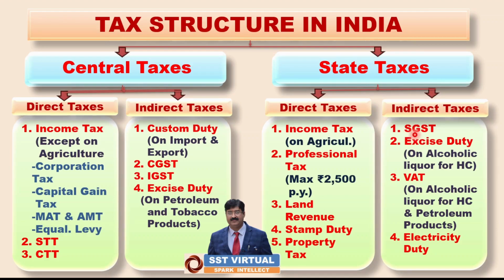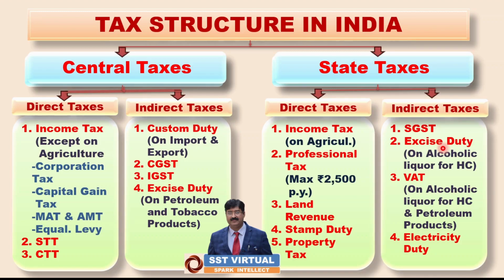The first is SGST, state goods and service tax. Then excise duty on alcoholic liquor for human consumption. Before GST also this was levied by the state governments. At the time of implementation of GST, all the state governments said that alcoholic liquor for human consumption we will not leave to the GST.